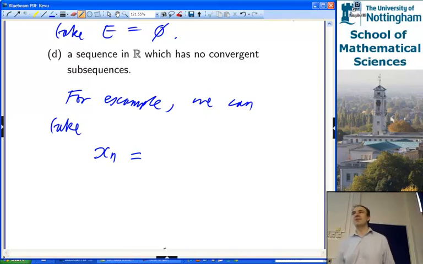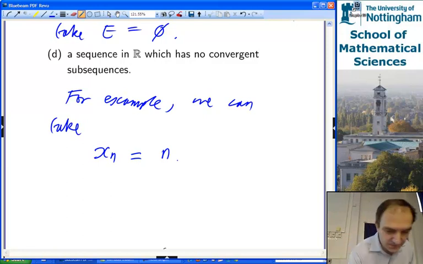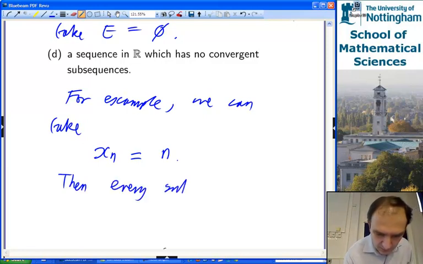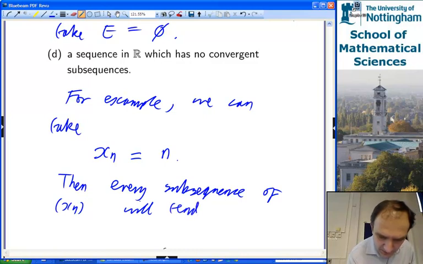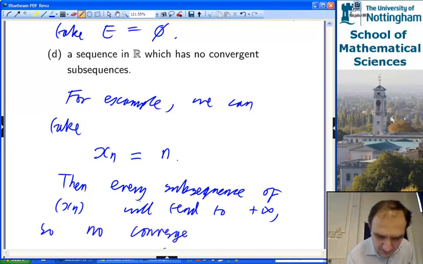The easiest one is to take x_n equals n, but there's plenty of others. Then every subsequence of x_n also tends to infinity and so doesn't converge. So no convergent subsequences.